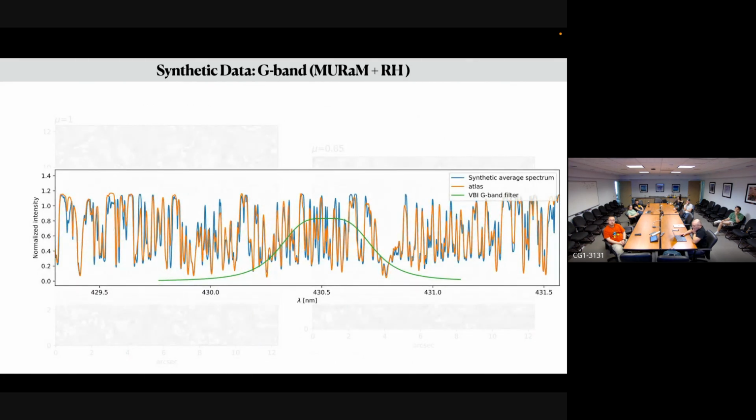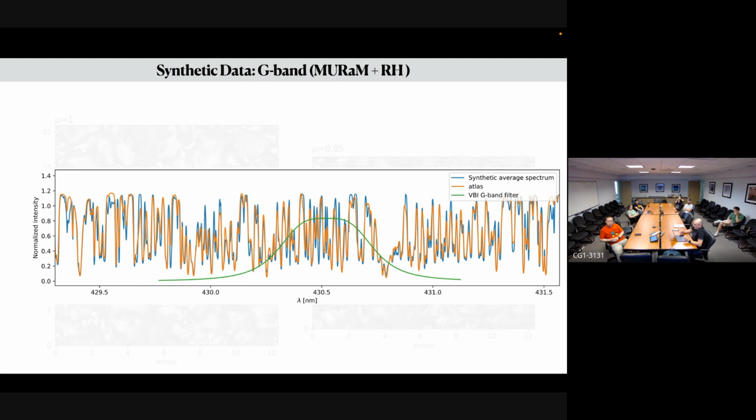Okay, here I have the G-band spectrum calculated from MURaM and the RH code. The orange one is the Atlas spectrum for comparison, and they are very close to each other. The G-band is a very complicated spectral range, right?